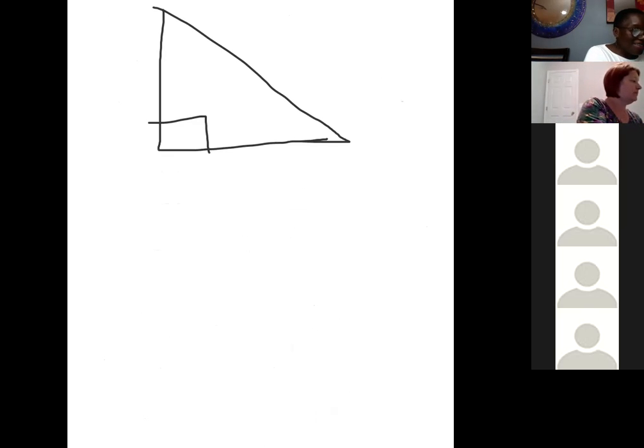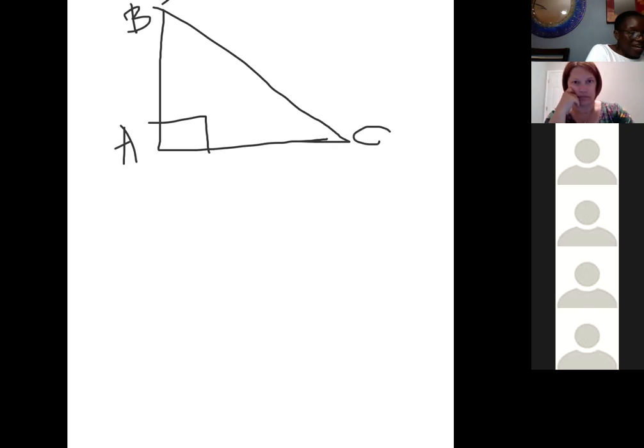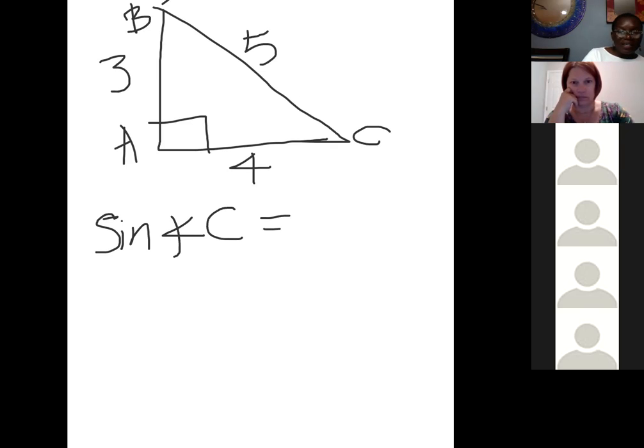All right? So guys, here we go. Let's say I have this triangle here, ABC. Side AC is 4, side AB is 3, and side BC is 5. If I wanted the sine of angle C, remember, it is the opposite over the hypotenuse.